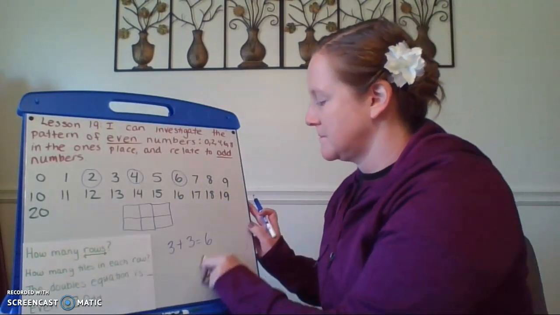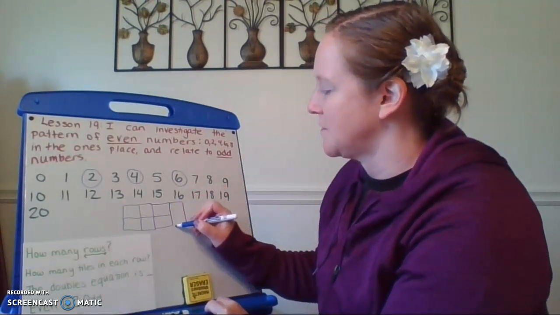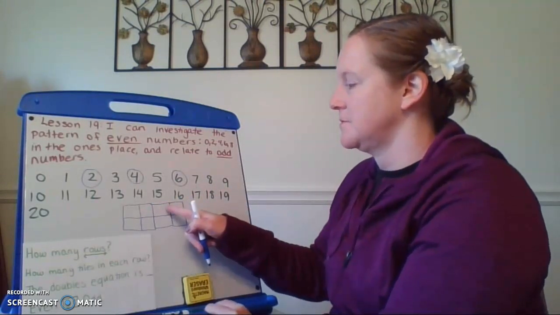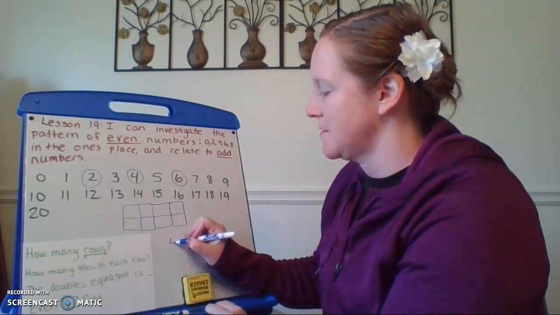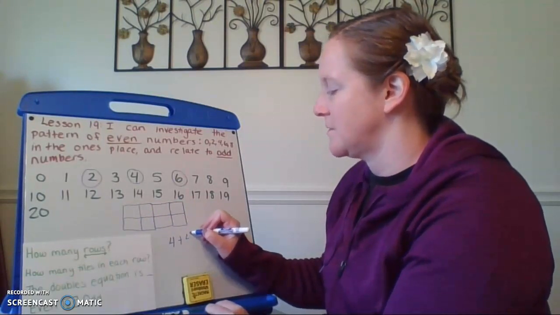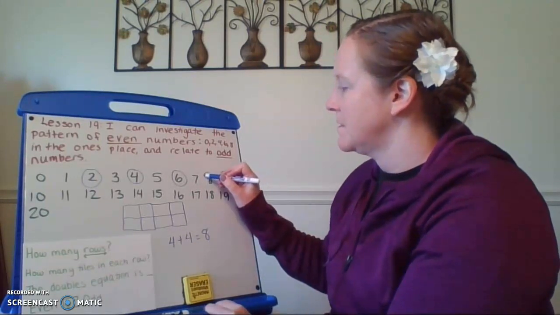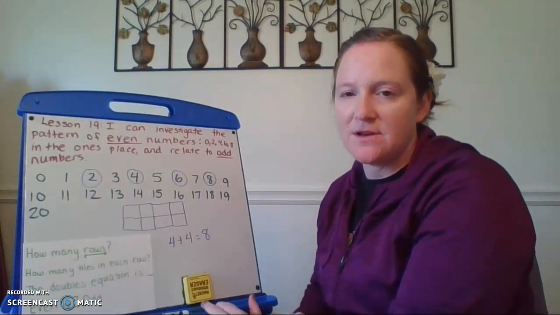Let's do another one. Now I'm going to have how many in each row? Let's count. 1, 2, 3, 4. 1, 2, 3, 4. There's 4 plus 4 equals 8. Are you noticing a pattern as I'm circling my even numbers?